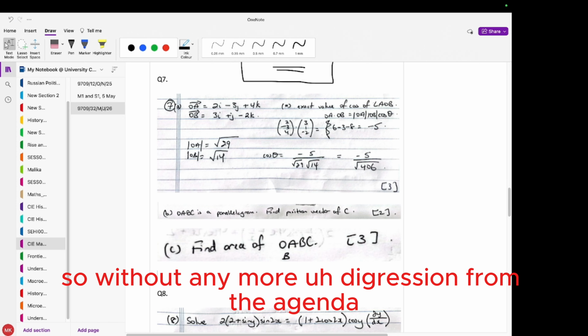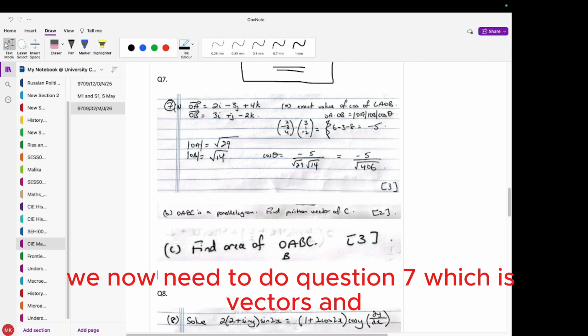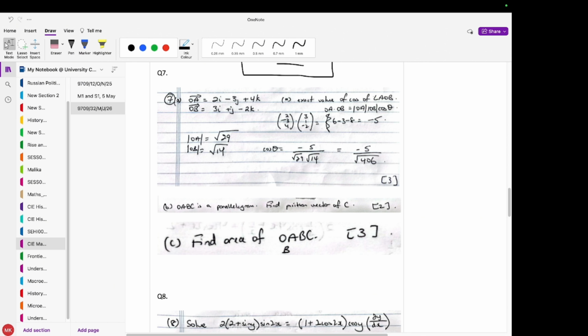So without any more digression from the agenda, sorry for that, we now need to do question 7, which is vectors.